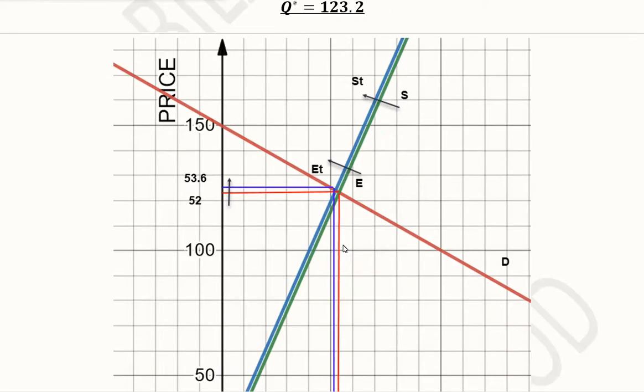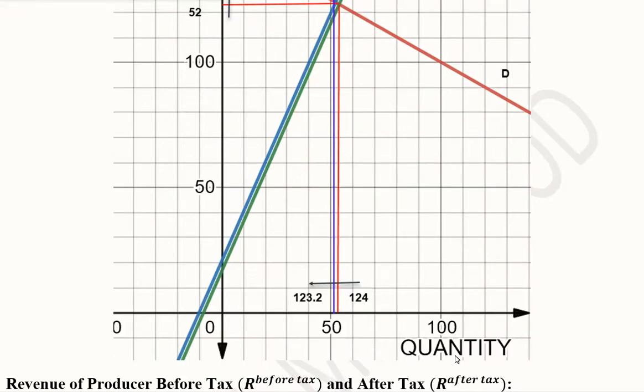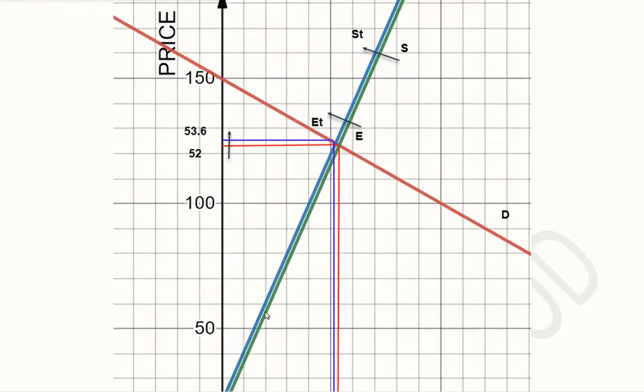Now we can see the outcome in a diagrammatical way. You can see the quantities on the x-axis, this is the origin, and price is on the y-axis. This is the original demand curve, this is the green one, this is the original supply curve, and the blue one is the post-tax supply curve. The shifting has taken place and the equilibrium has shifted from E to ET.